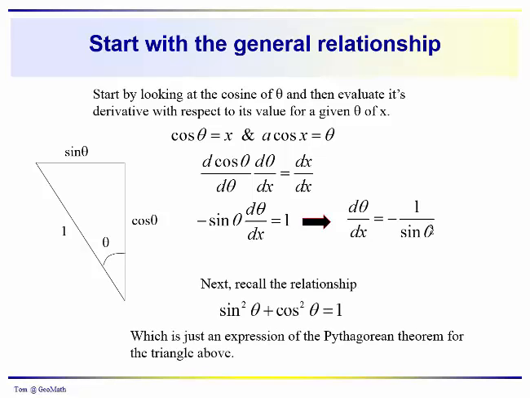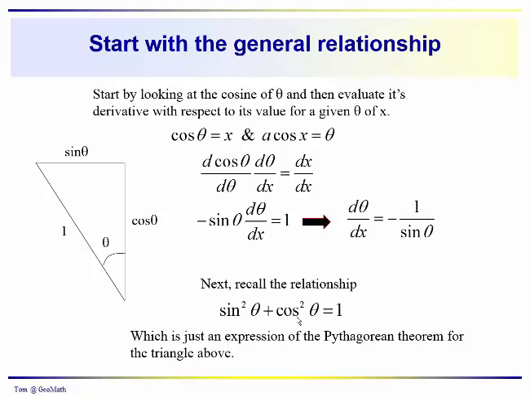So what are we going to do with this? We don't have sine of theta, we have cosine of theta equal to x. Well, recall this basic identity: sine squared theta plus cosine squared theta is equal to 1. We're just using this triangle over here. The sum of the squares of the two sides is equal to the square of the hypotenuse.